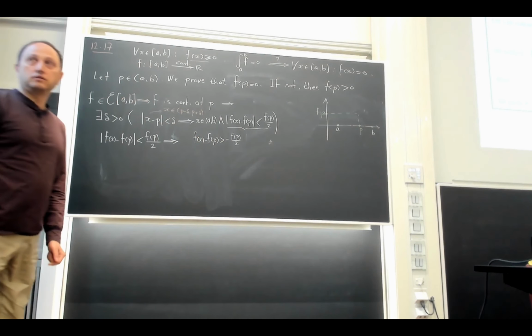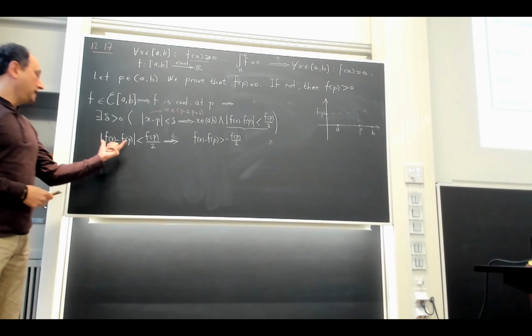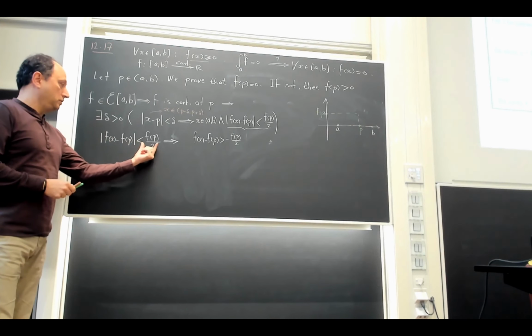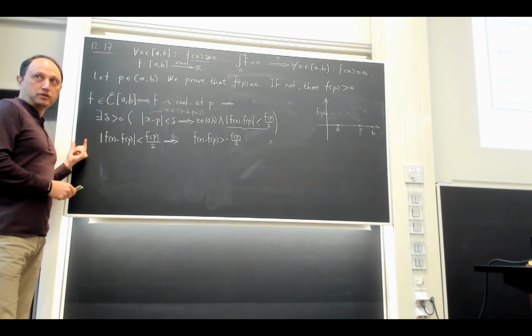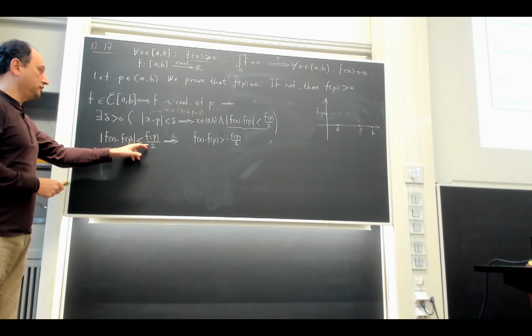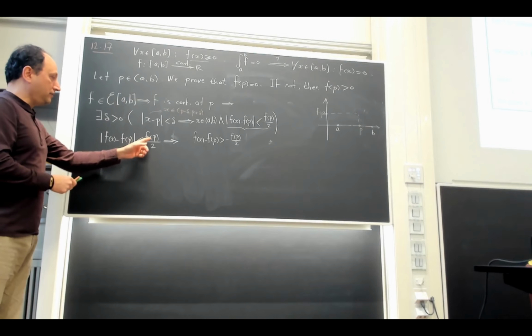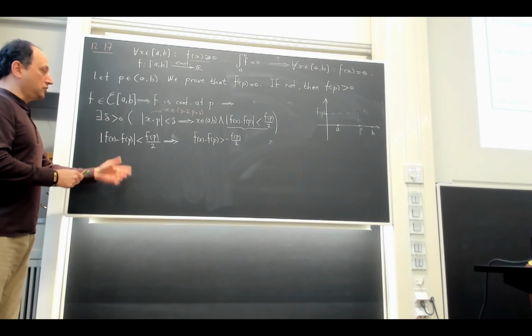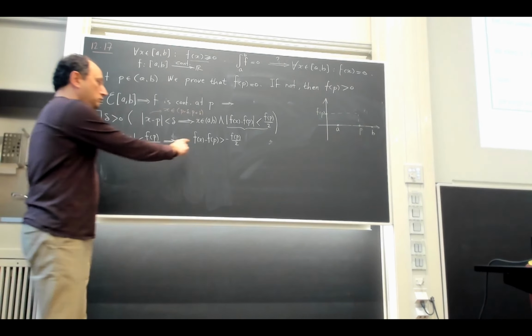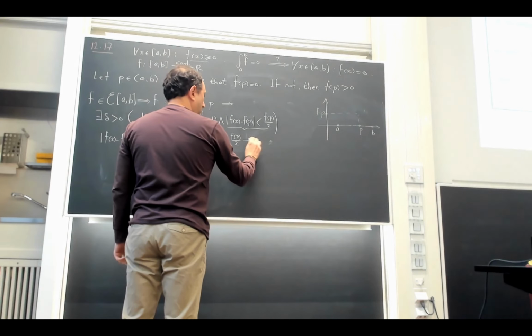Do you agree with that? Because if the absolute value is less than a number, that number is sandwiched between this number and its opposite. So this number is greater than minus f of p over 2 and less than f of p over 2. So from here I can conclude this one. Yes? And then I move this one to the other side, so what happens?